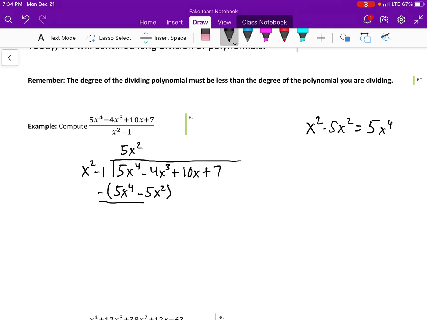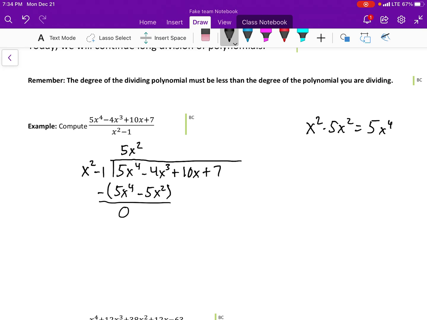So now we compute the subtraction. 5x to the fourth minus 5x to the fourth is 0. Remember, when you have two negative signs, so here I have minus a negative 5x squared, that becomes addition. And now I have nothing to combine with this 5x squared term.